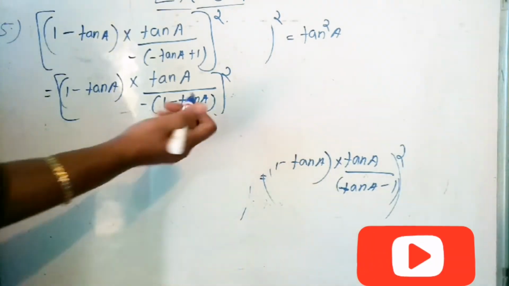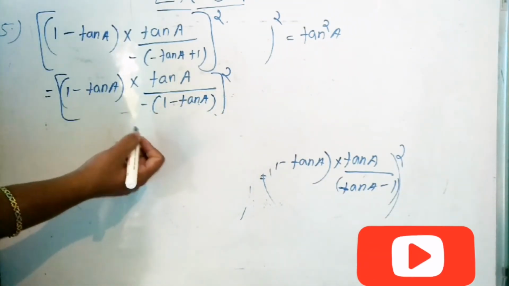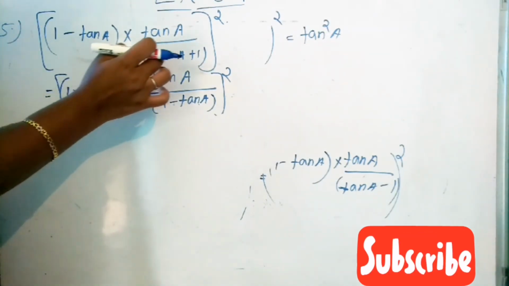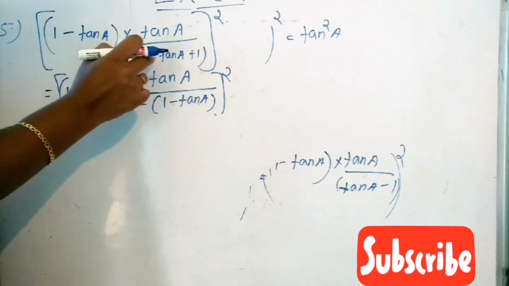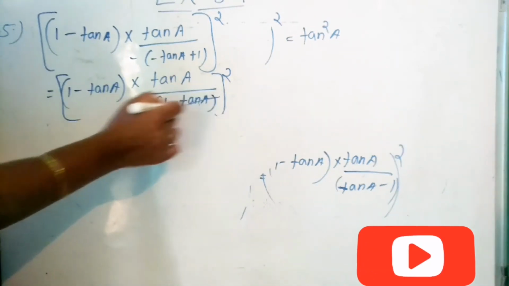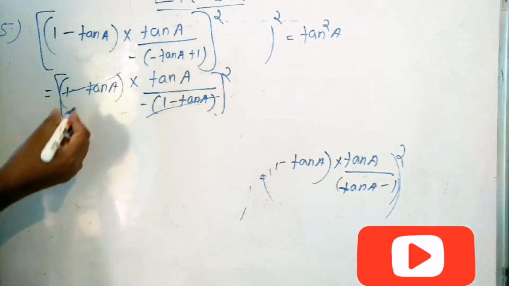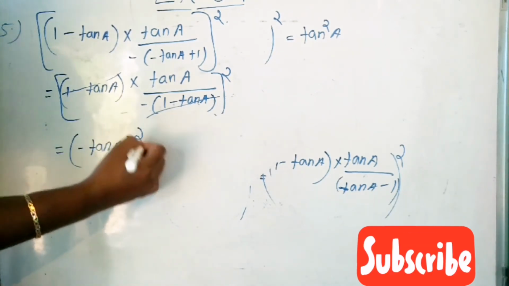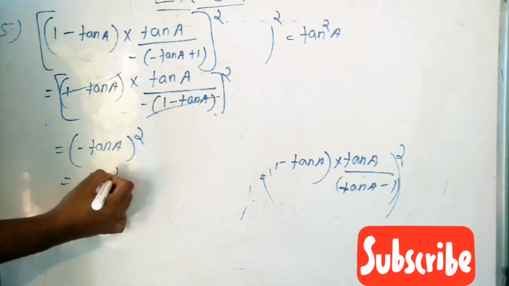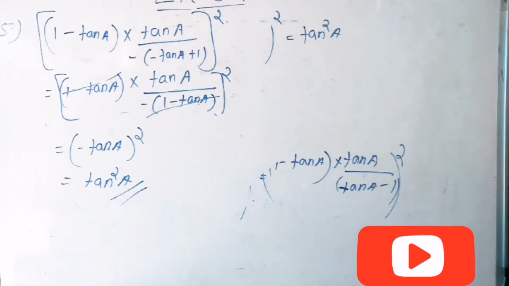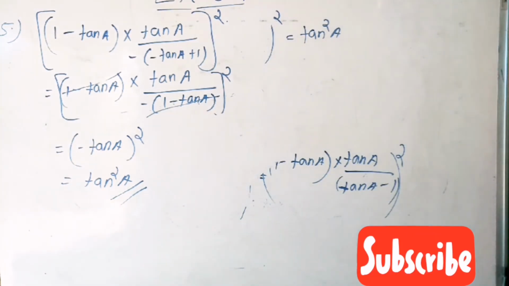Just rearrange the term, then we will get 1 minus tan A. Taking one negative outside, we have minus of (minus tan A plus 1), rearranged as 1 minus tan A. And this 1 minus tan A and 1 minus tan A get cancelled, and we will have (minus tan A) all square, which is tan square A. So we proved the second one is equal to the third one. So we can say that all three are equal.